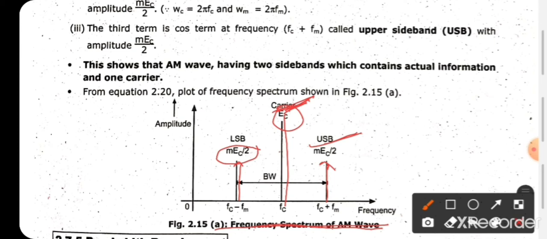The frequency of the lower sideband is fc minus fm, the carrier is fc, and the upper sideband is fc plus fm. What is the frequency spectrum? It is a graph of amplitude versus frequency.